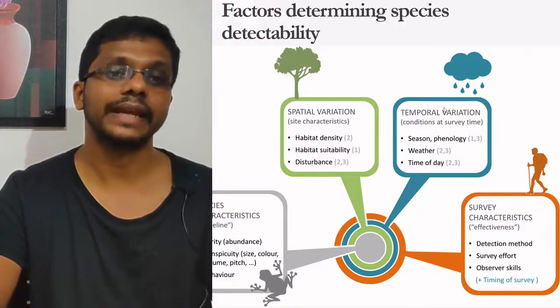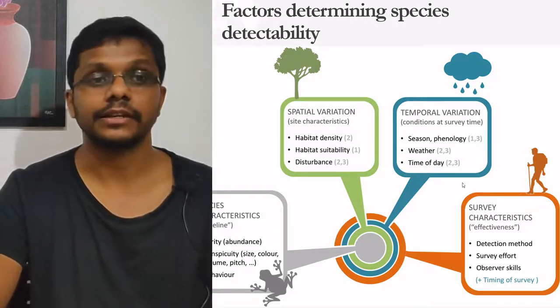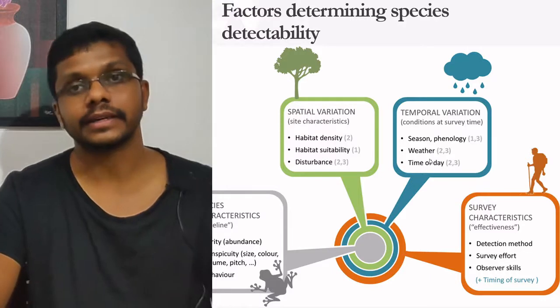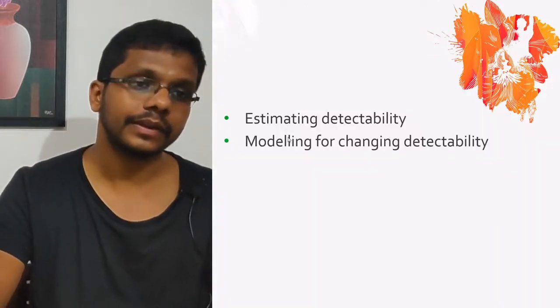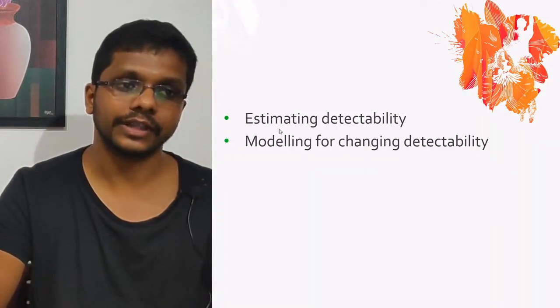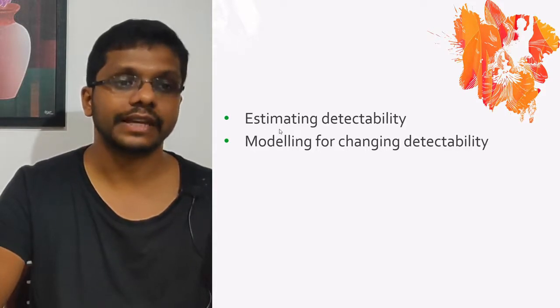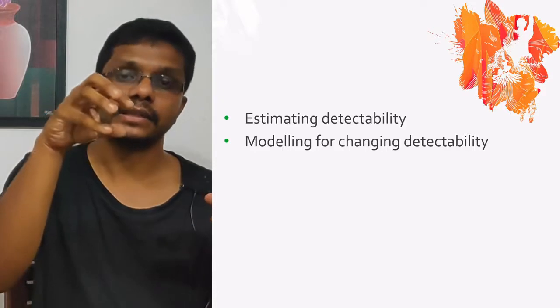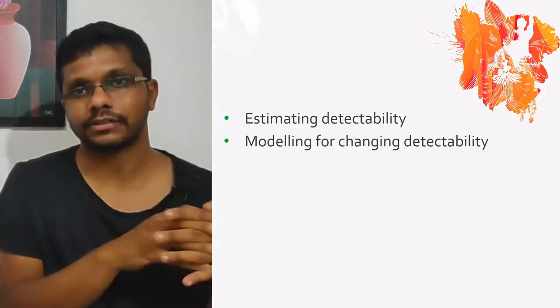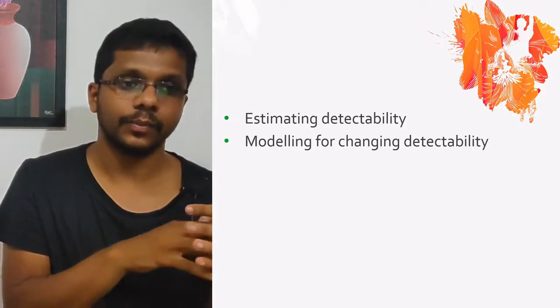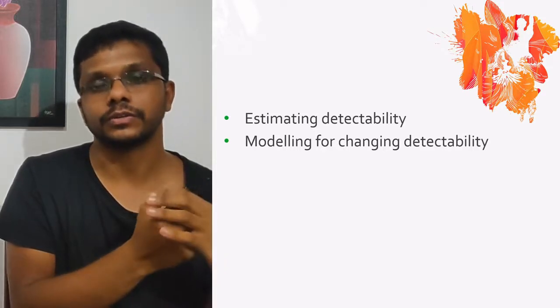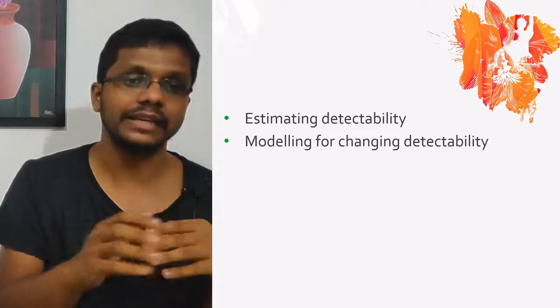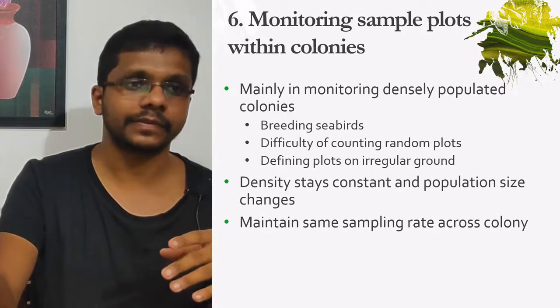So all these things should be taken into consideration when we are making the index data. To avoid these limitations, we can estimate the detectability. We can integrate the detectability factor into the calculation of the index, or modeling can be used to compensate for the changes in detectability.